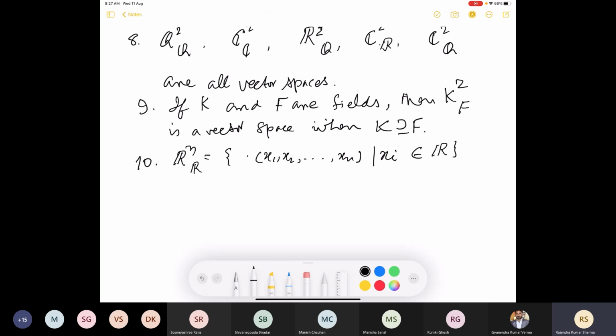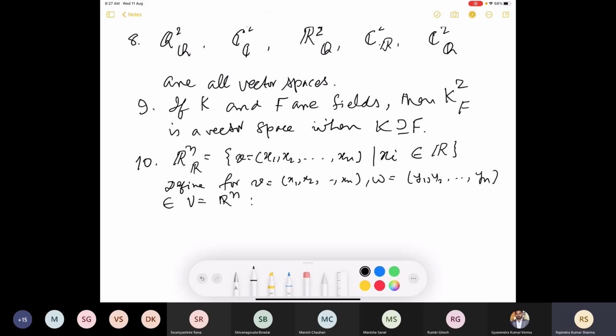Let us take this to be V, and define as earlier. So for V as x1, x2, up to xn, and W as y1, y2, up to yn in V, where V is Rn.